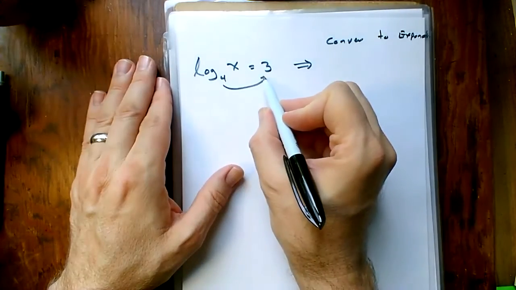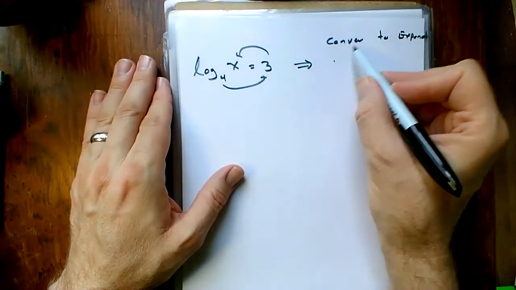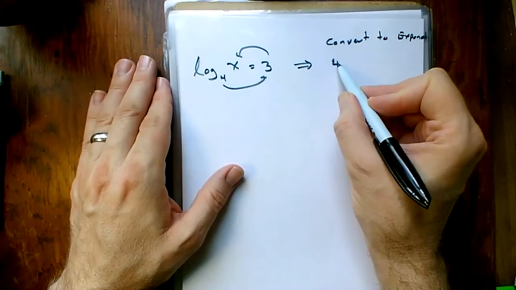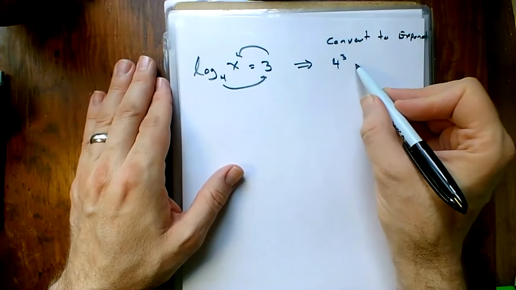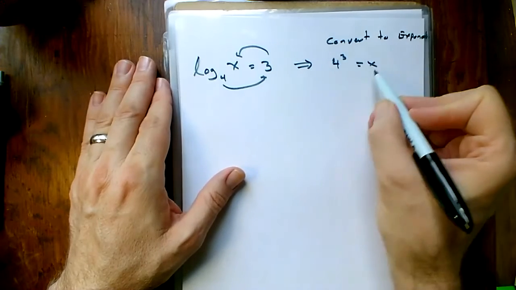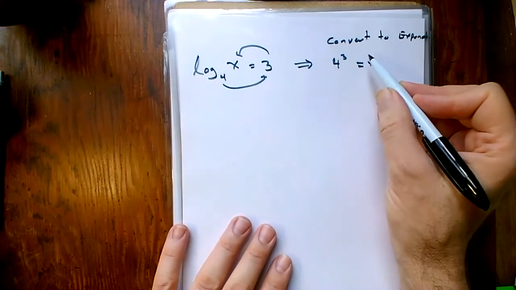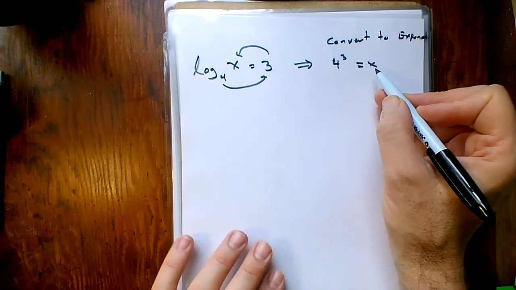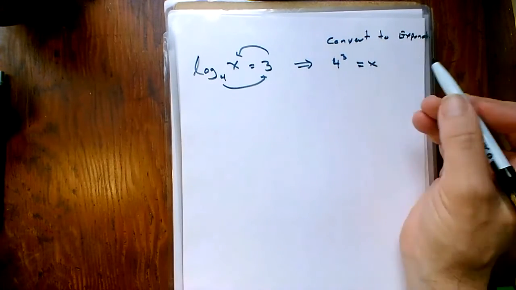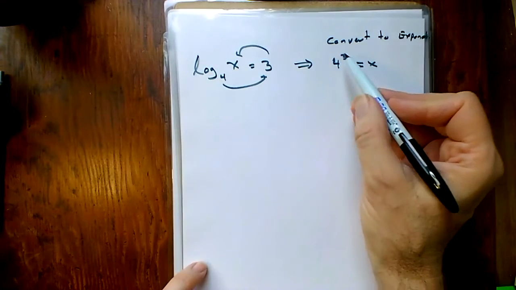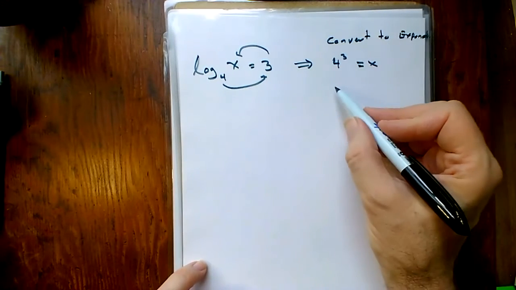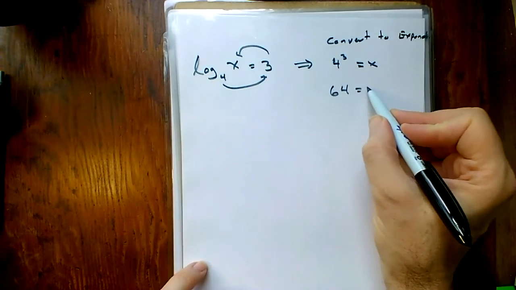So 4 to the third power is equal to x. I've already got my variable isolated. I just need to evaluate this. 4 to the third power would be 64, which is equal to my x.